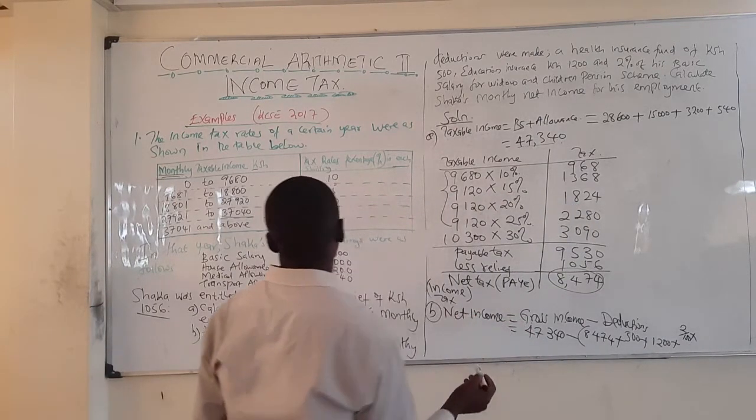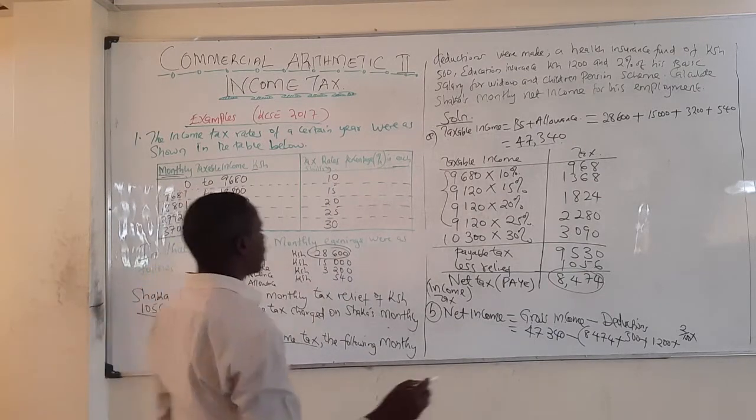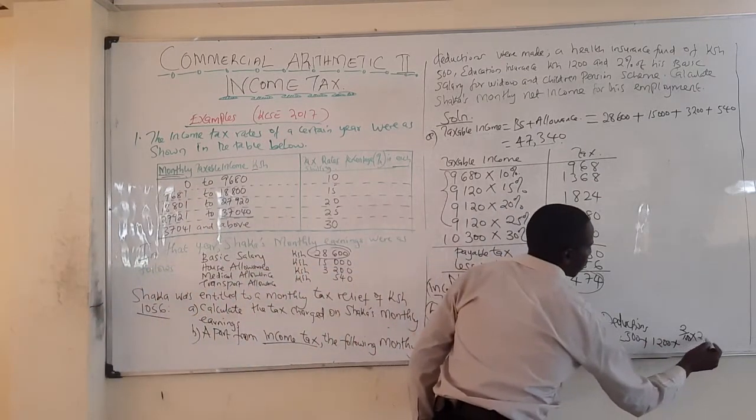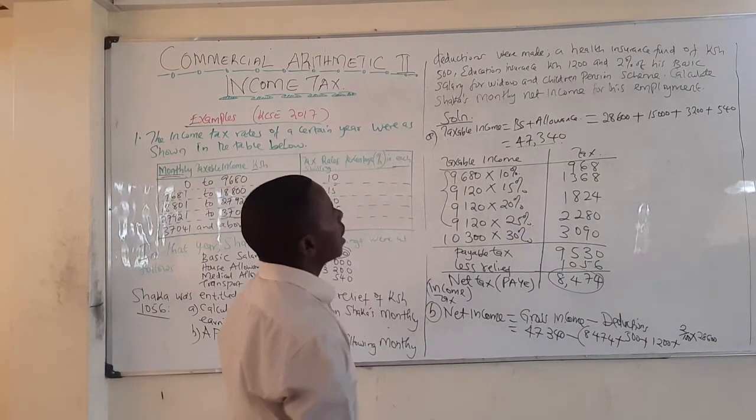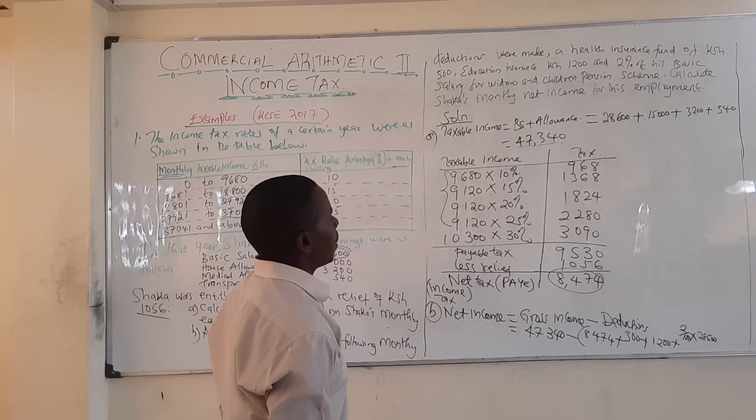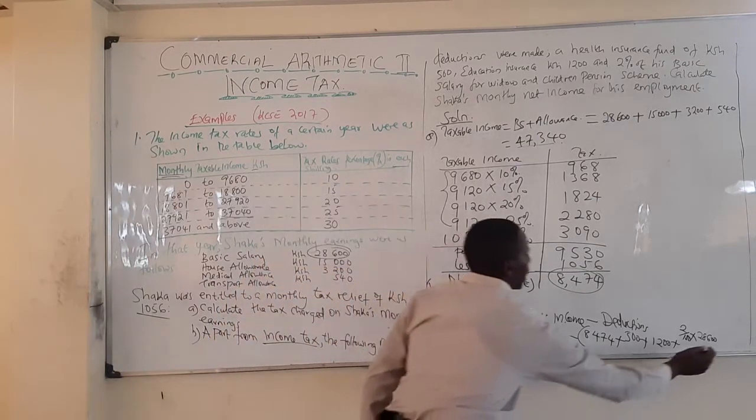Basic salary was 28,600. That is for the pension scheme. Then we subtract the total.